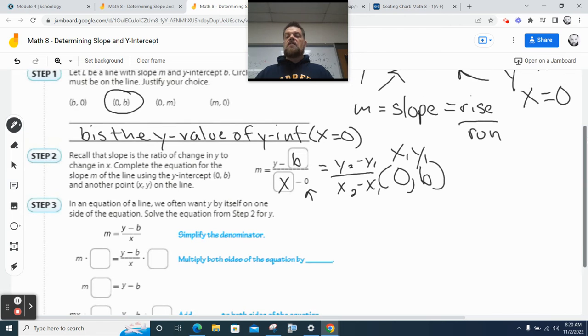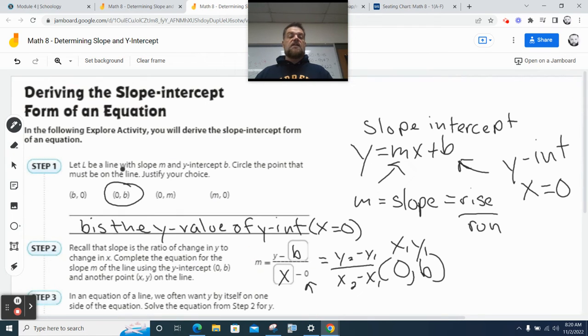So I think the key word here is they said that you're going to derive. Derive is a fancy math word that says we're going to take an equation, do some algebra, and make another equation. So when they say you will derive the slope-intercept form, that means we're going to take this formula for slope and then do some algebra, and it's going to look like this right here.